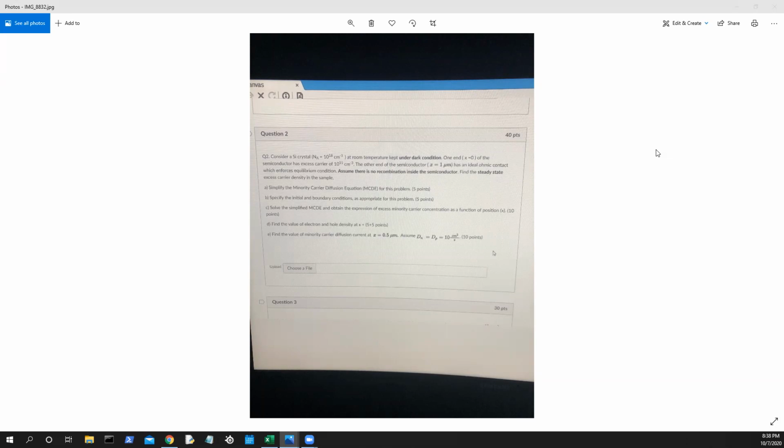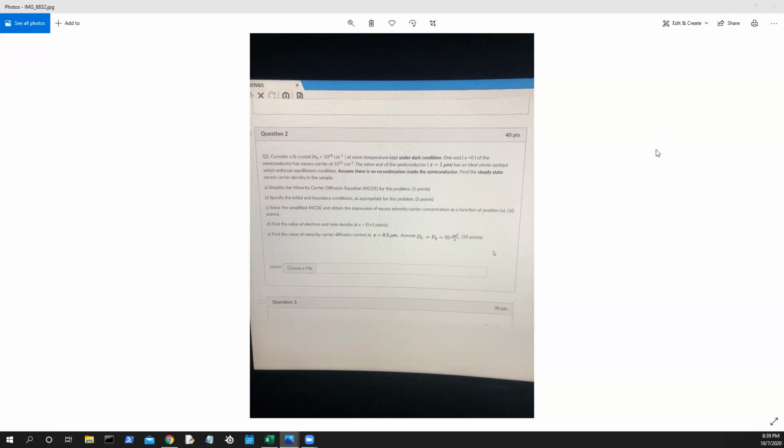First things first, you always want to write out your full MCDE to start. So just the full equation, which is partial with respect to n over partial with respect to t is equal to D, whatever your thing is here. So this would be Dn here, since our minority carrier is n. Dn times d squared change in n over dx squared, minus change in n over tau n, plus GL.